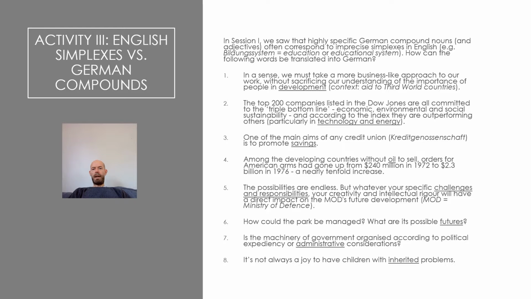Developing countries without oil to sell. In German, we would probably use Ölvorkommen here. Entwicklungsländer ohne Ölvorkommen. So Vorkommen is a good word to add to oil. It's a very common compound.